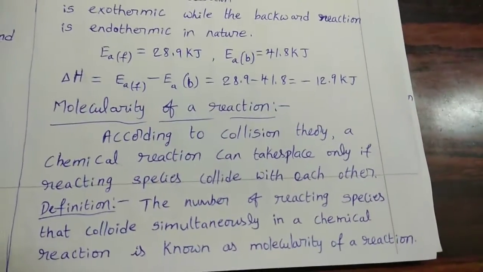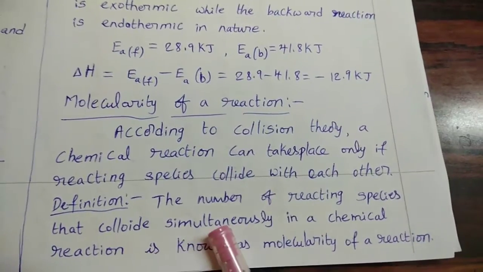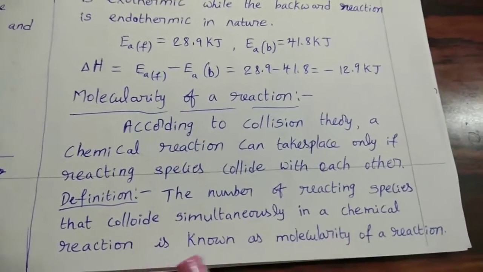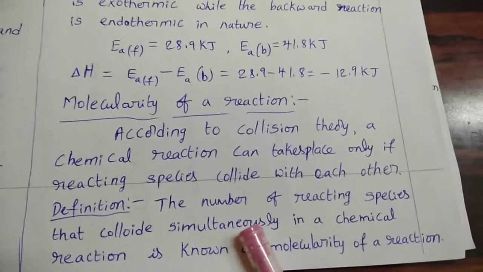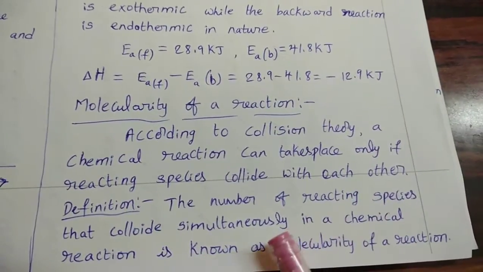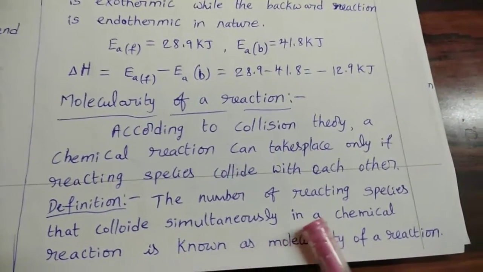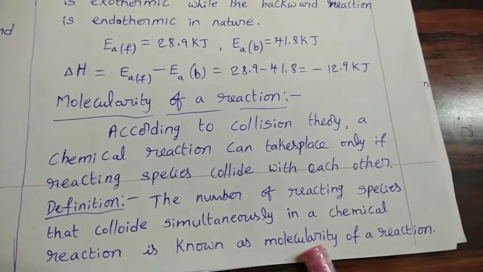Now come to the molecularity. The number of reacting species that collide simultaneously in a chemical reaction is known as molecularity of the reaction. So at the same time, how many reacting molecules are participating in the collision to form the product? That number of reacting molecules is called molecularity.